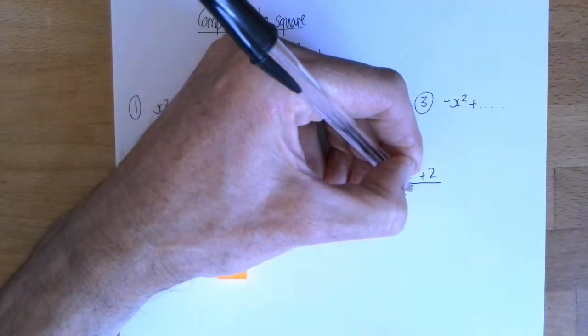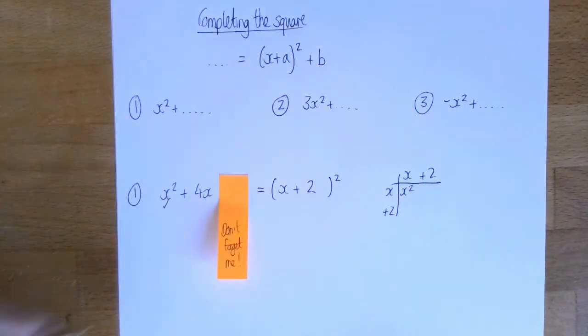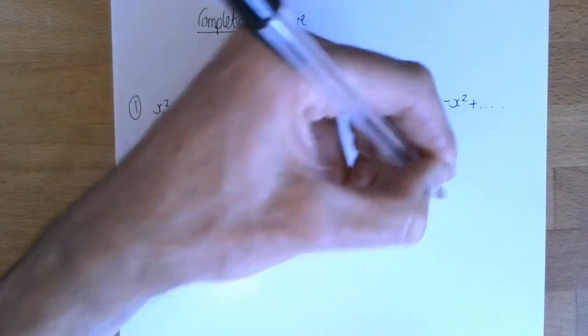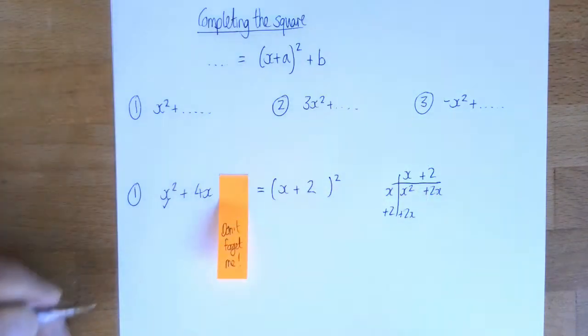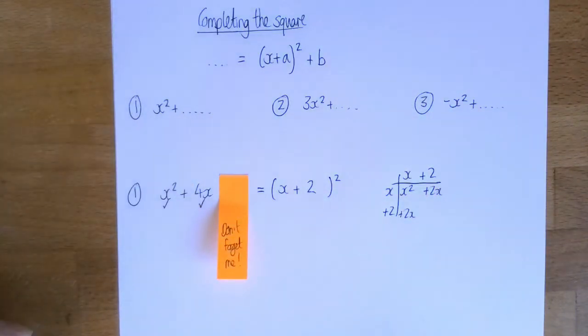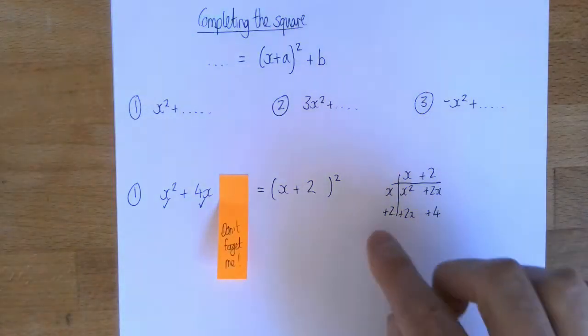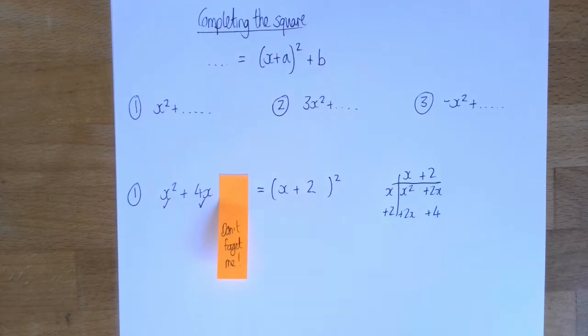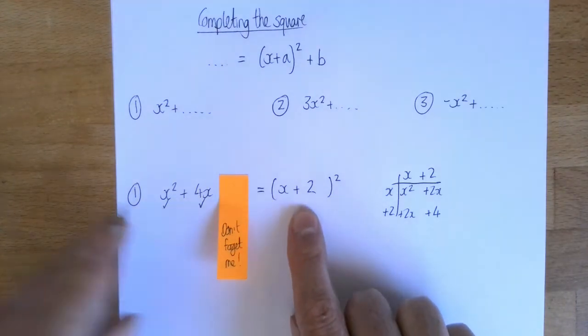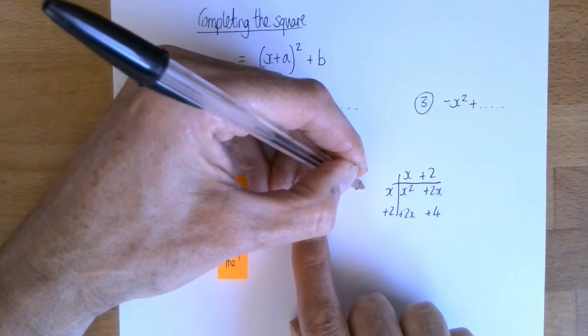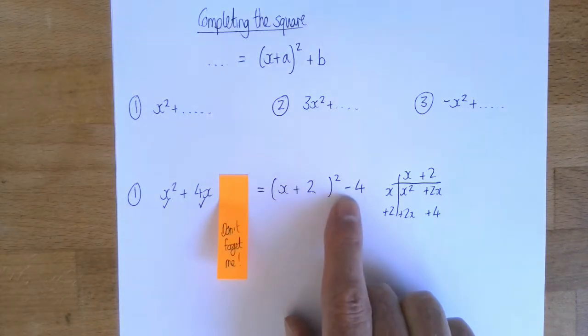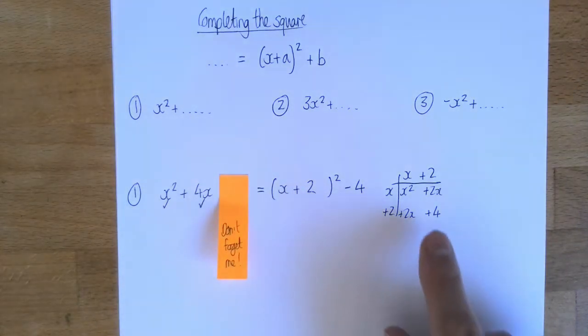So I get my x squared, tick. I get a 2x there and a 2x there, which gives me 4x's, tick. But unfortunately, I also get a plus 4, 2 times 2. So this doesn't equal this unless I take away 4. So I have to take away 4 because that bracket would actually give me a plus 4.